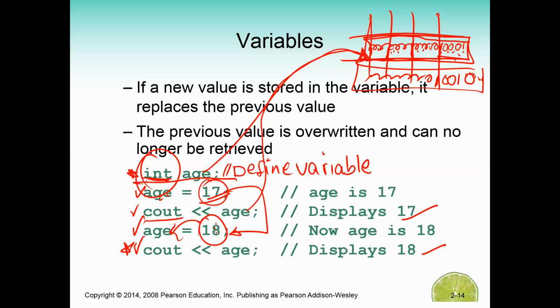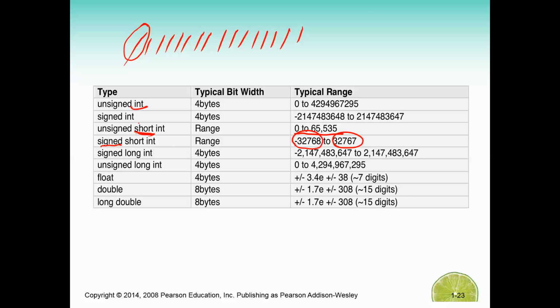Remember, with the data type, I'm saying the what and how of the values: what area in memory I'm going to be using and the value that I'm going to be putting in there. So if I'm going to be using an INT, then I'm going to be using how many bytes? 4 bytes.